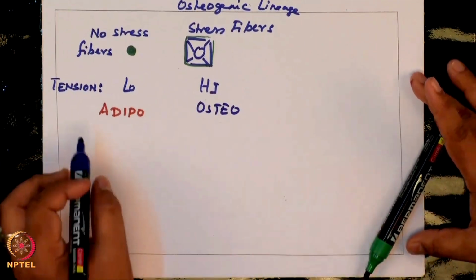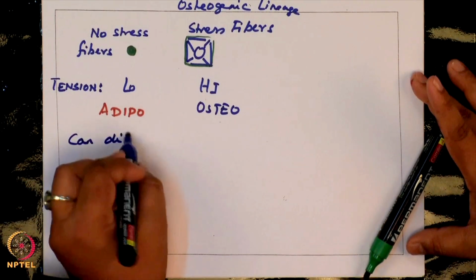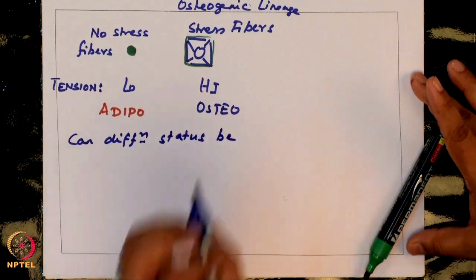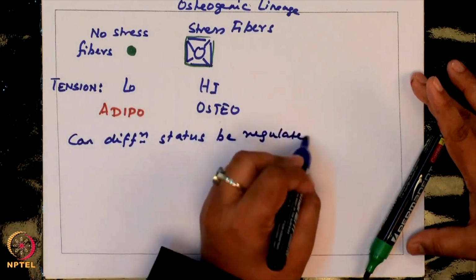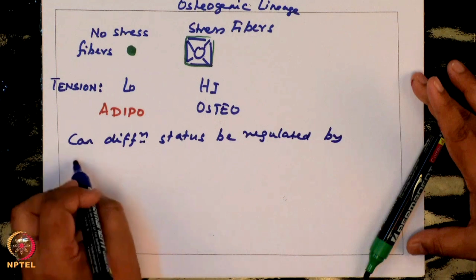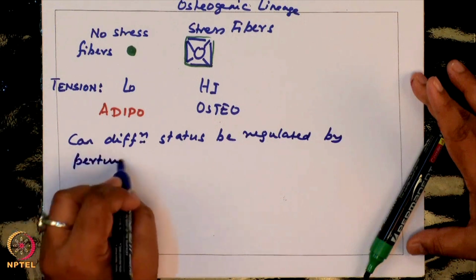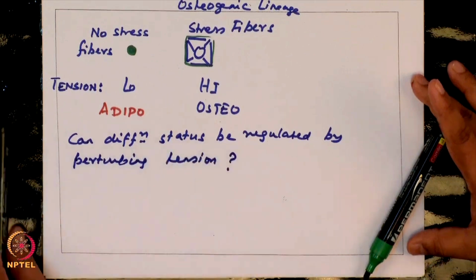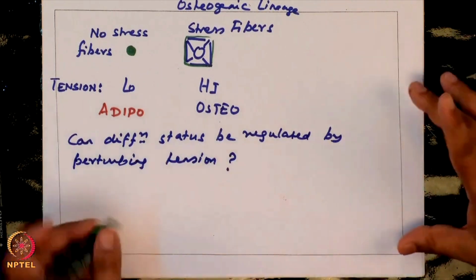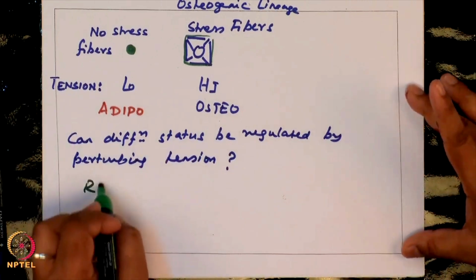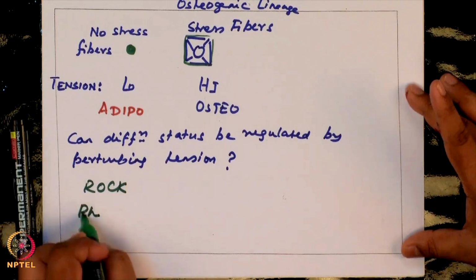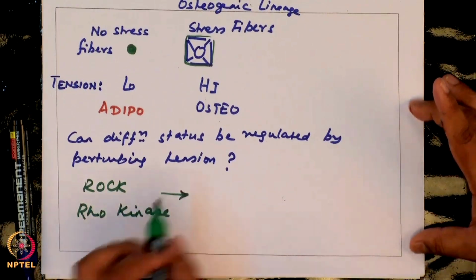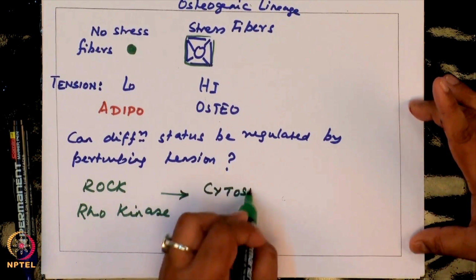So, they then asked, can differentiation status be regulated by perturbing tension? They perturbed tension using drugs. Rho kinase is one of the signaling pathways which directly mediates cytoskeletal tension.